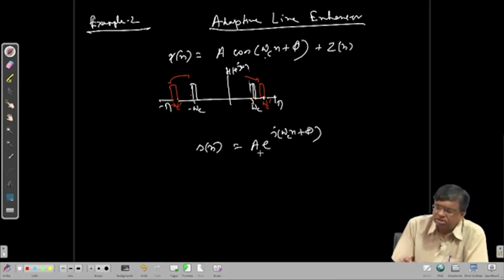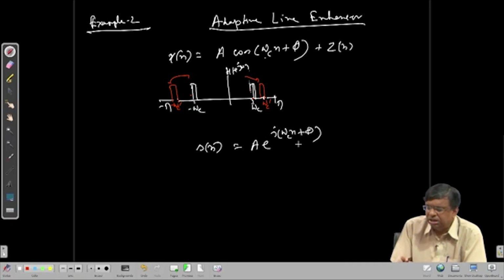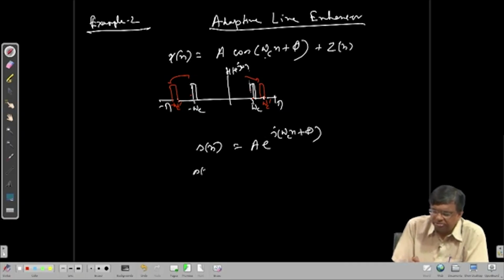Cos you can always write as e to the power j theta plus e to the power minus j theta by 2. Okay. So, Sn, what is Sn minus 1? If you put n minus 1 here, one component e to the power minus j omega c, okay, that will go out.